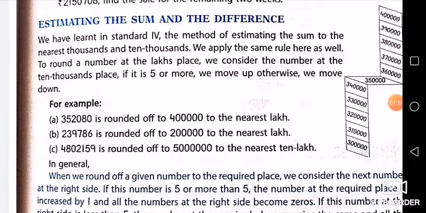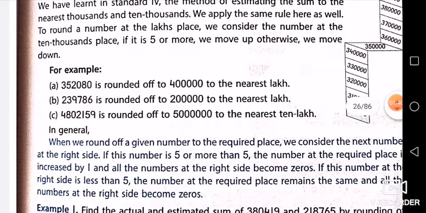Means if you have to round off to the lakh place, you are going to see the 10,000 place. If that number is 5 or more than 5, then 1 will be added on the lakhs place. And if that number is less than 5, then you are not going to add 1 to that number. Fine. I think that is clear.